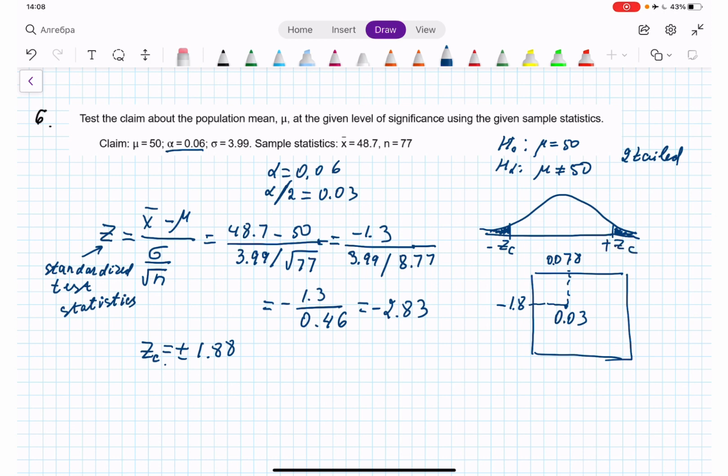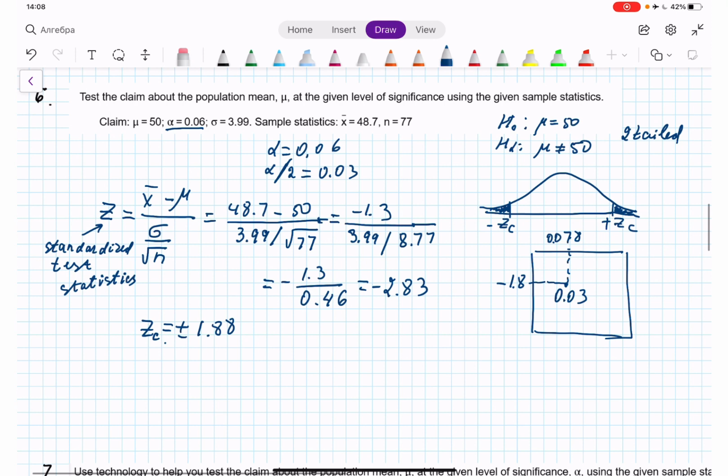Now, as you remember, the Z-score table we use shows left tail only. Therefore, if our tail is left, then you are fine. You take your alpha and find your Z-score.